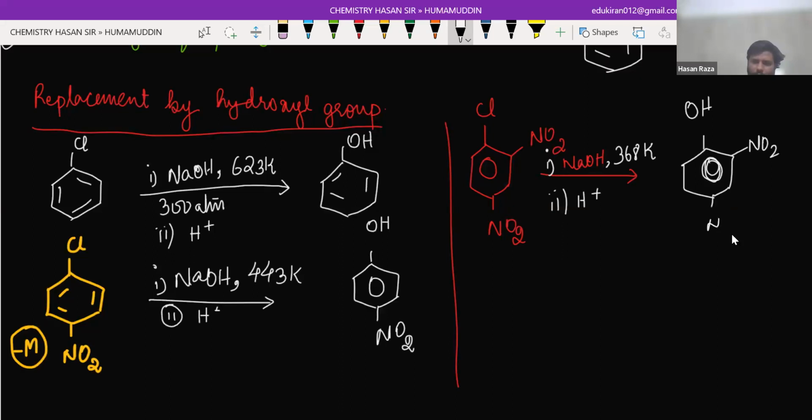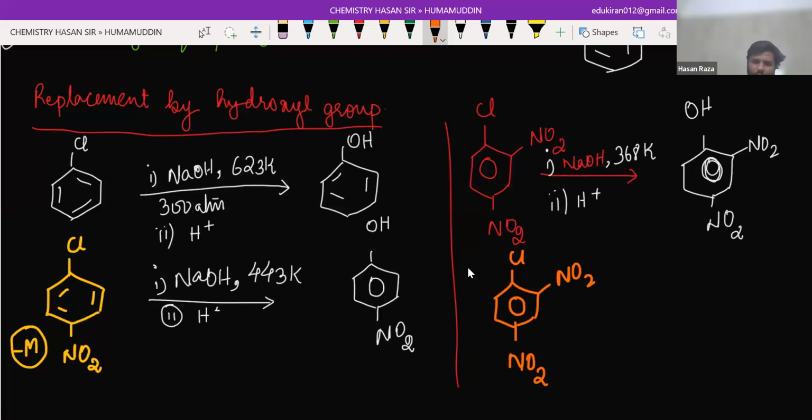Now, if you want to reduce the conditions even more, add 3 NO2 to this, and it will be highly reactive. That means if you pass this through warm water, the reaction can be carried out.